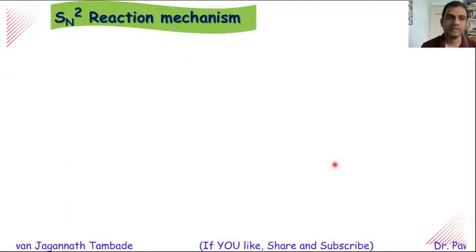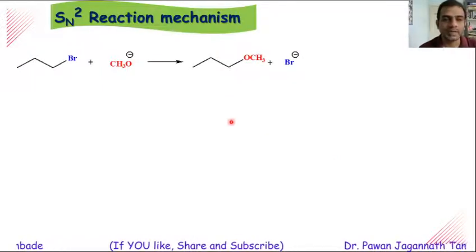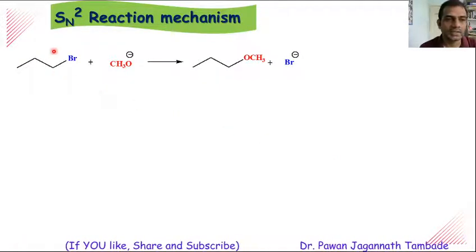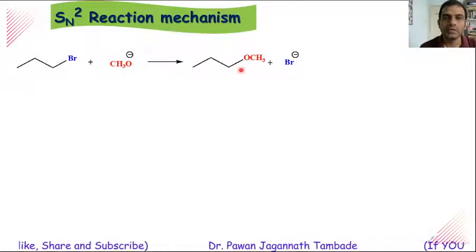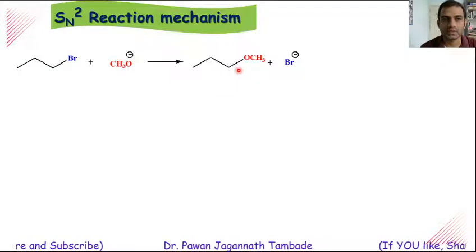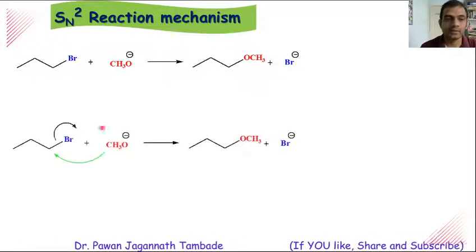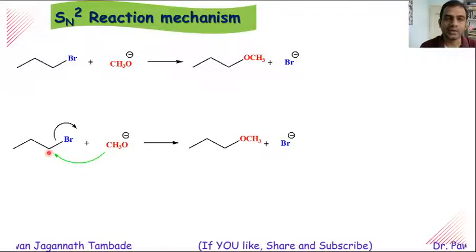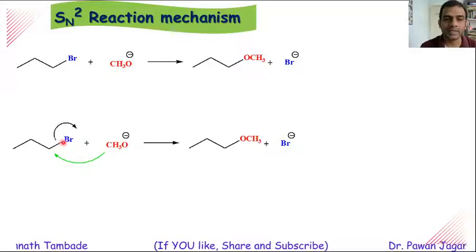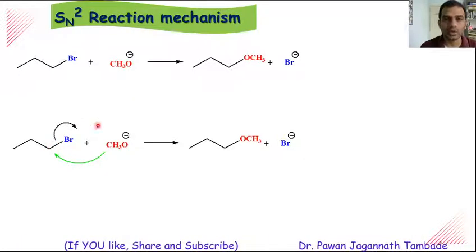Now we will see the mechanism for SN2 reaction. For that, again consider the similar type of example where this alkyl halide is allowed to react with nucleophile and there is a nucleophilic substitution reaction. Now in SN2 reaction, it has been observed that during reaction, this nucleophile attacks on electrophilic carbon atom and at the same time breaking of carbon-Br, that is carbon-leaving group bond, occurs.